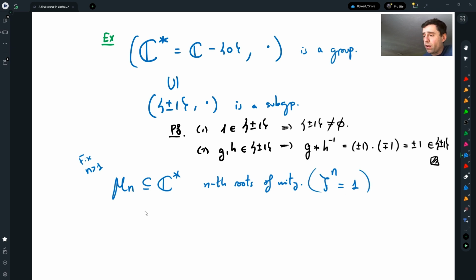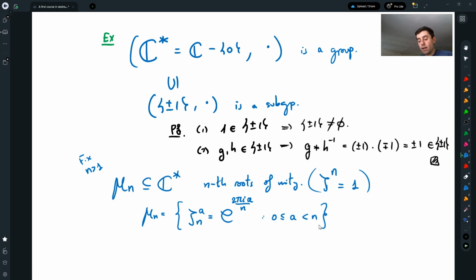So mu n is going to be those complex numbers whose nth power is 1. If you use the polar form or the exponential form of complex numbers, then you will see that they are all of the form e to the 2 pi i a divided by n for some a from 0 up to n.